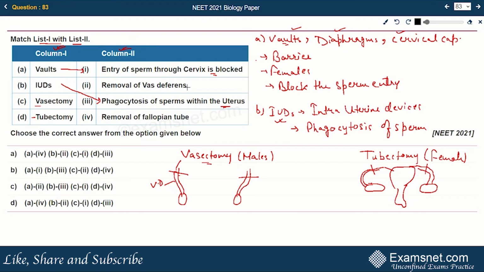So the correct match for vasectomy will be removal of vas deferens, whereas the correct match for tubectomy will be removal of fallopian tube. Which of the given options correctly fit this? Option B. So this will be the correct option.